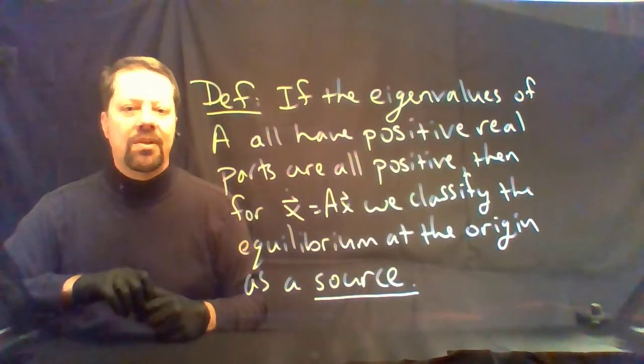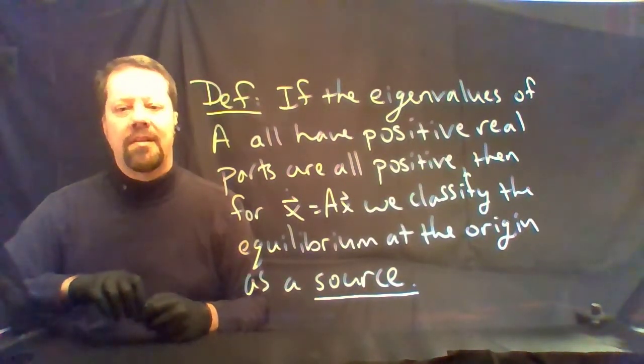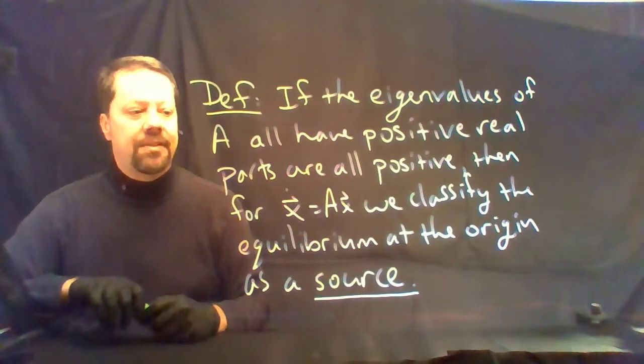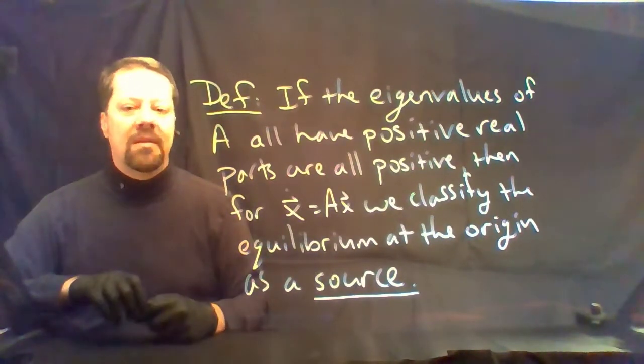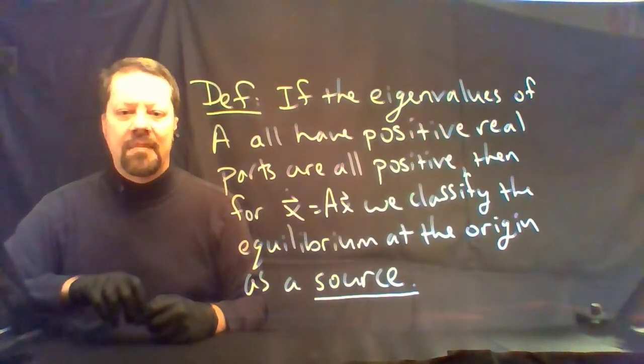So a source occurs when the real parts of all the eigenvalues of the coefficient matrix A are positive.